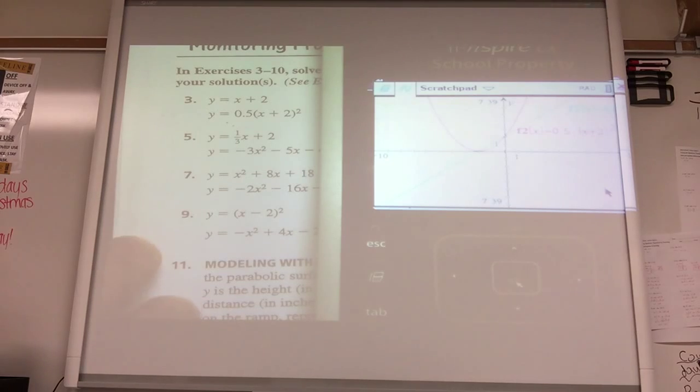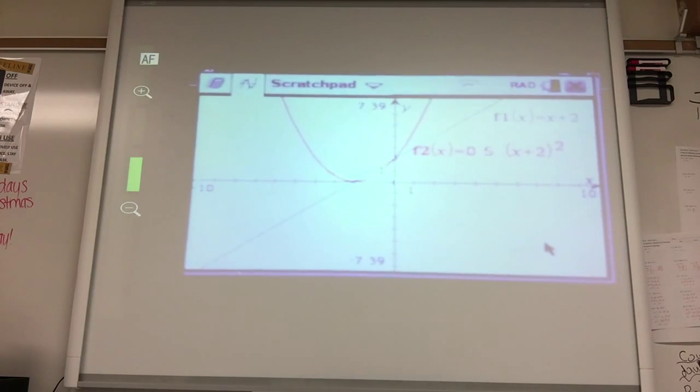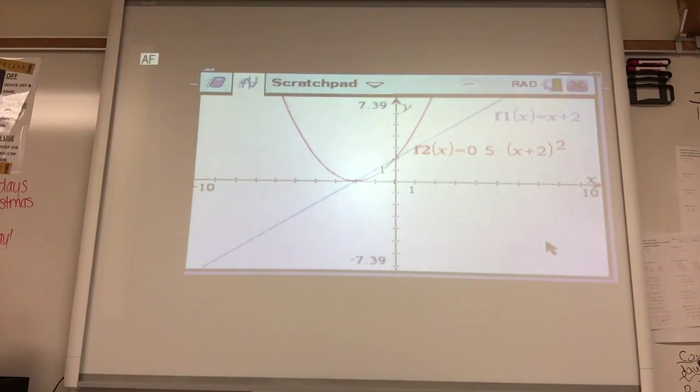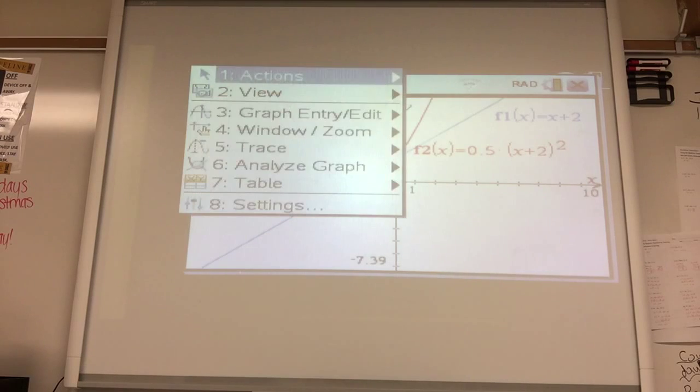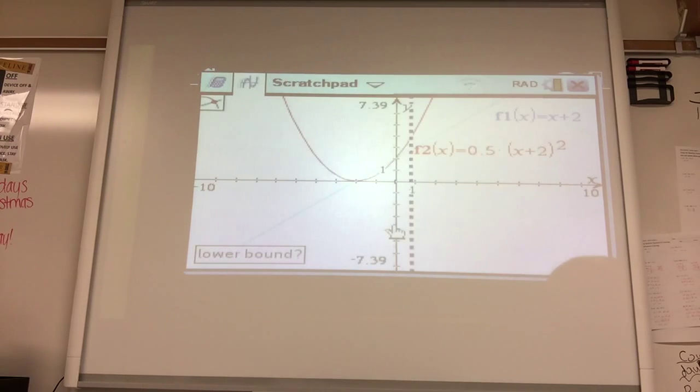All right, so let me zoom in. Now that I've graphed that, I'm just going to zoom in on the calculator because I think this thing is having trouble focusing on two different elevations. Okay, so here we go. I'm going to analyze graph. I'm looking for the intersection. So one intersection is at (0, 2). So one of my solutions is at x equals 0.